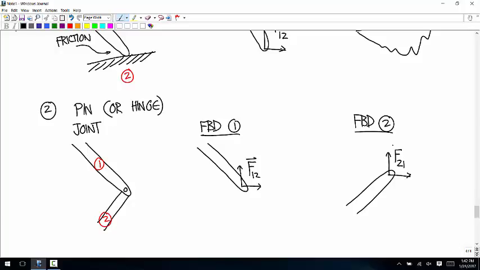Force on 2 by 1, which is the same thing as negative F12 by Newton's third law. That's all for that joint category that introduces two variables where there's an unknown force.